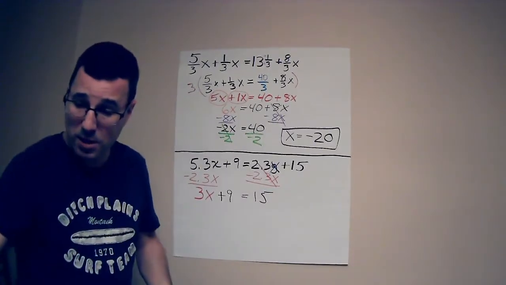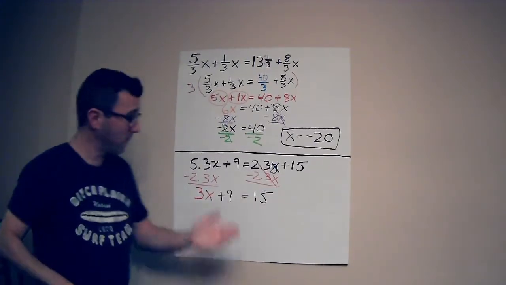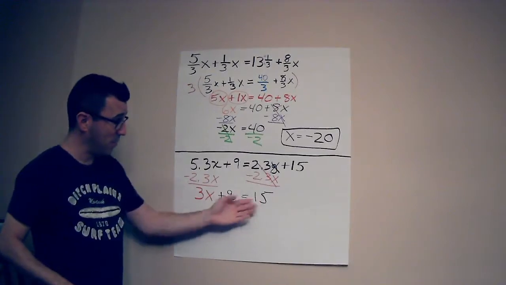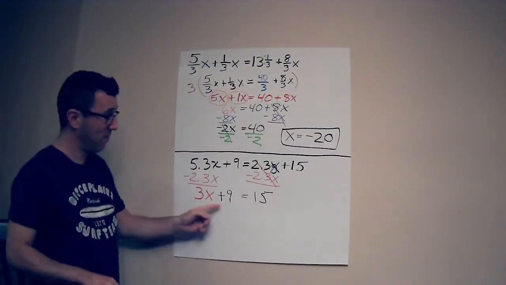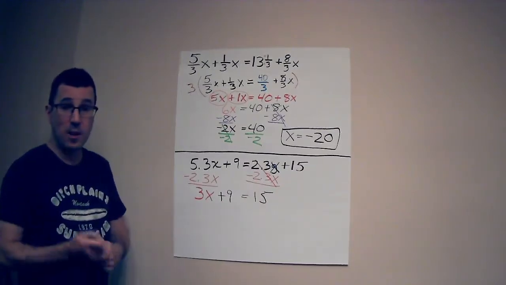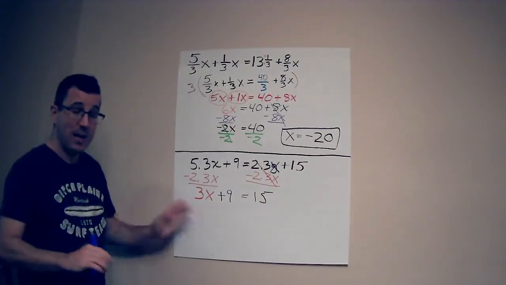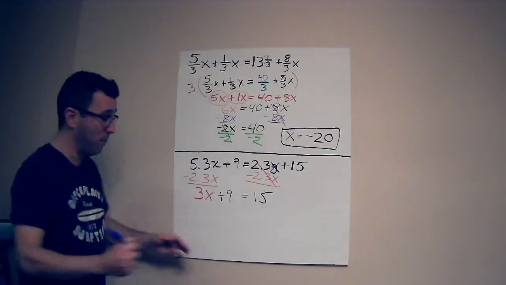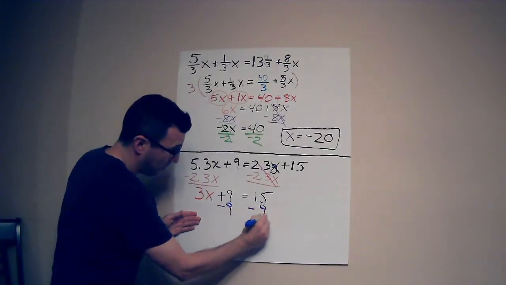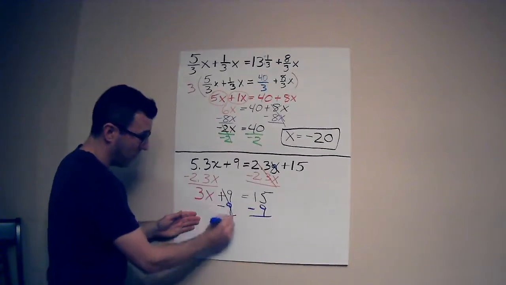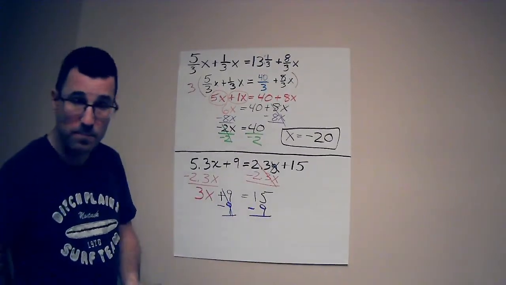And then we just continue through our steps like we normally would. 3x plus 9 equals 15. I need to move any addition or subtraction first. So that 9 has to go. Since we're adding 9, I need to subtract 9 from both sides. Minus 9, minus 9. My 9's cross out.